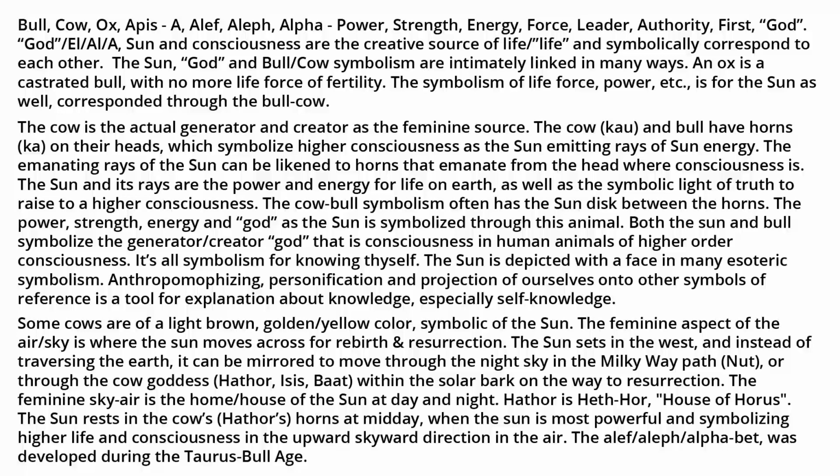So the sun rays are the power and life on earth, and comparatively for the bull-cow head, the horns symbolize that power and energy through that animal, through the creative power it has, the fertility of the penis and the fertility of the vagina, and the creative power and the generation of the womb and the feminine to create and generate a new life.